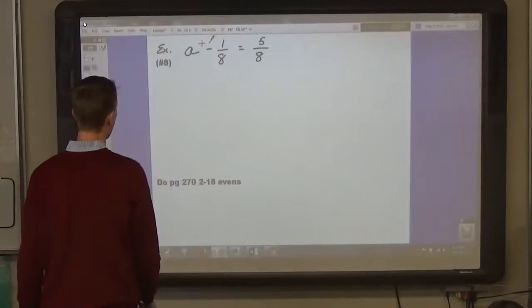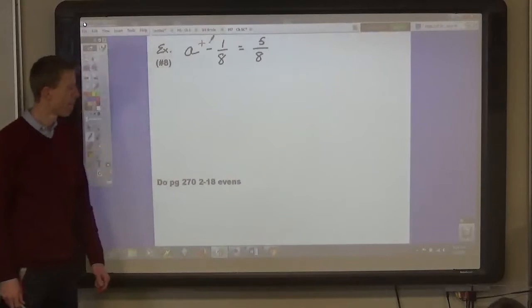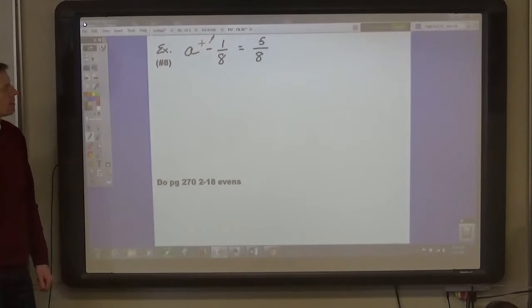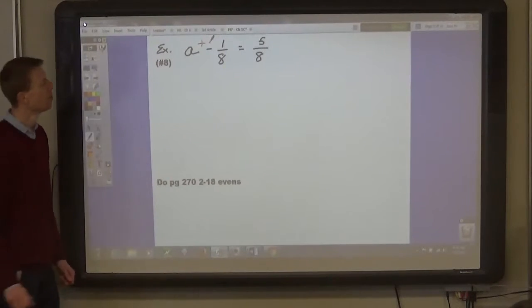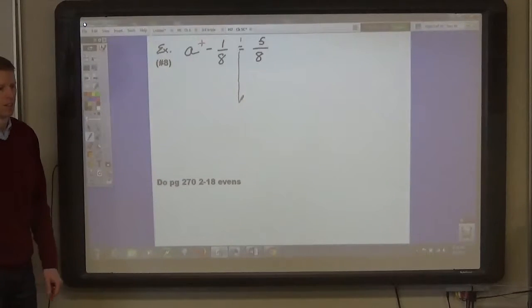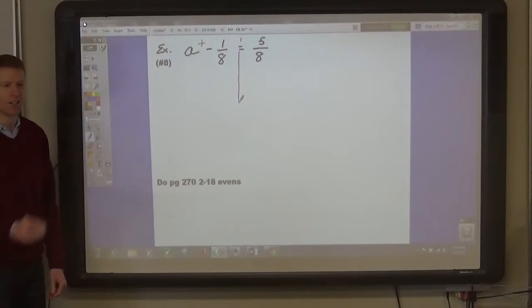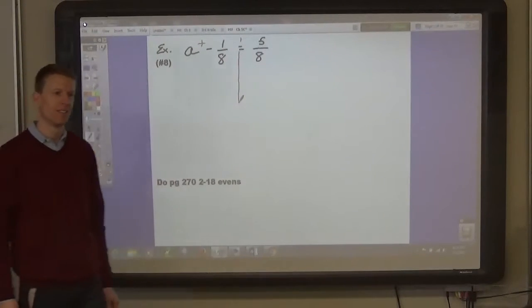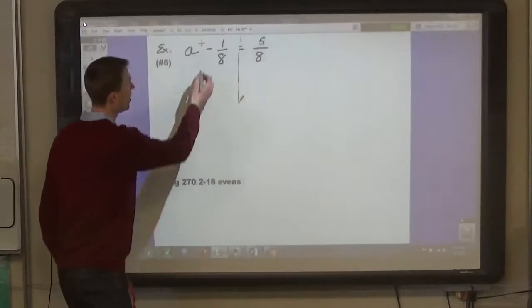And so put this example in. A plus negative 1/8 equals 5/8. On the left side, would we add negative 1/8 to both sides? Positive. Why positive, Emily? Because this is negative.